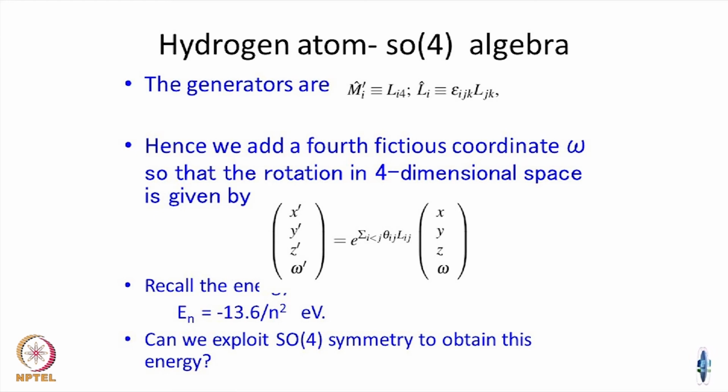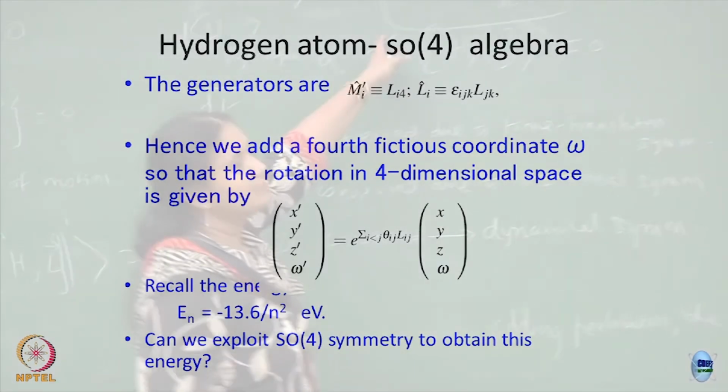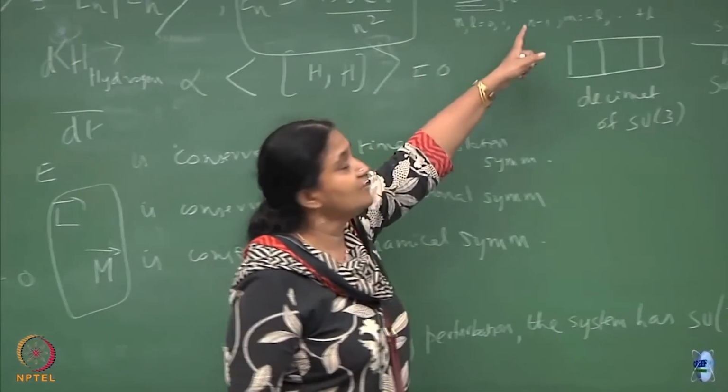So, now we want to exploit this symmetry where the 4th component gives me the Runge-Lenz vector component up to scaling. I want to exploit this SO4 symmetry to see whether we can obtain the energy eigenvalues of this type and degeneracy of this type.